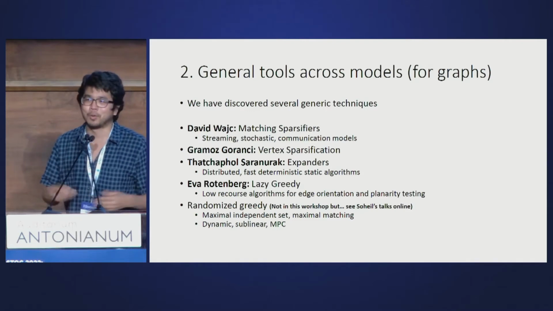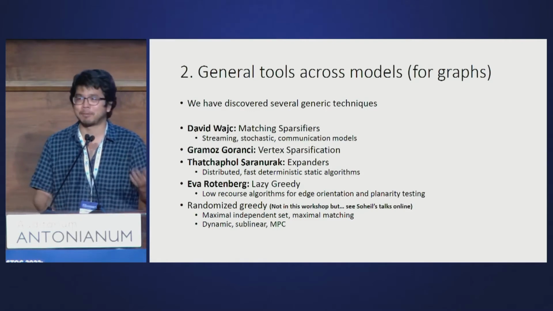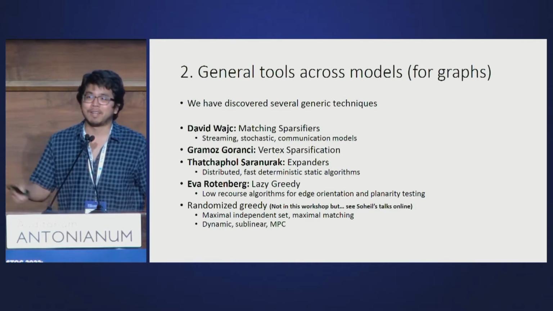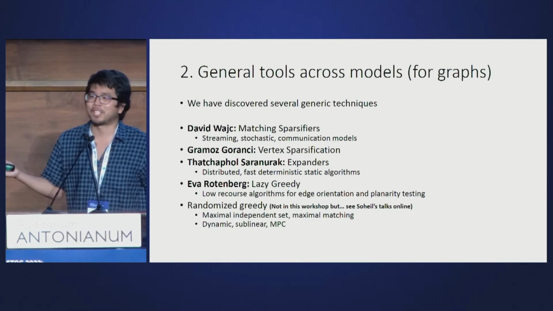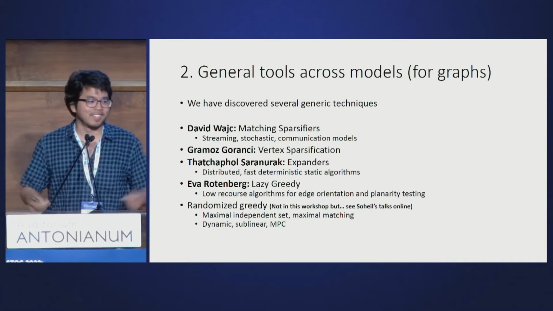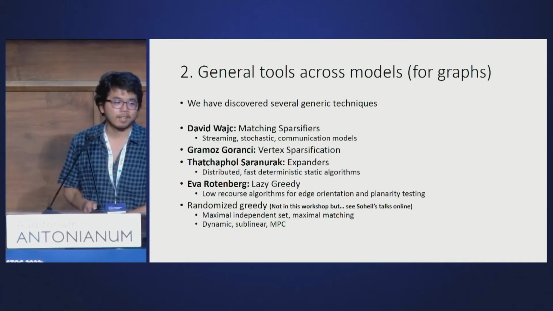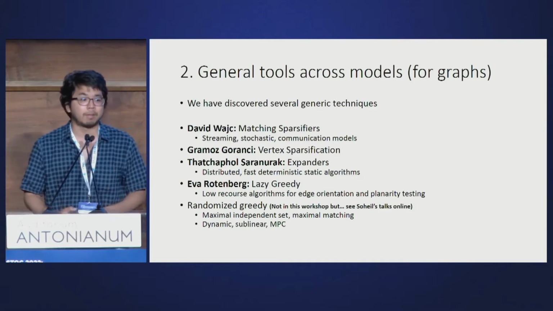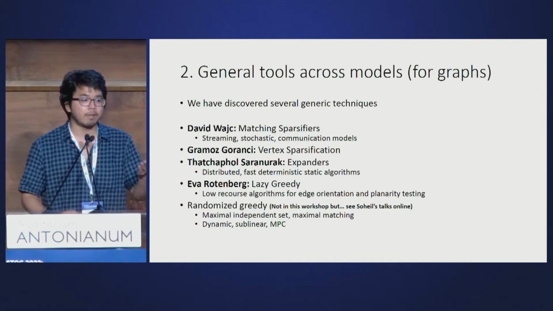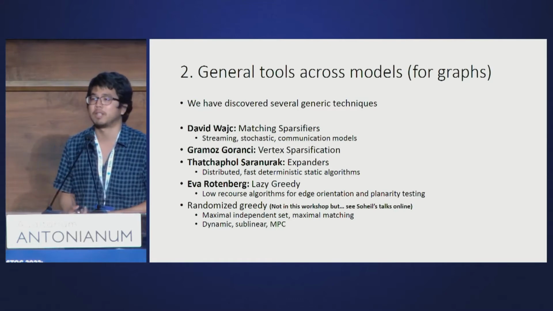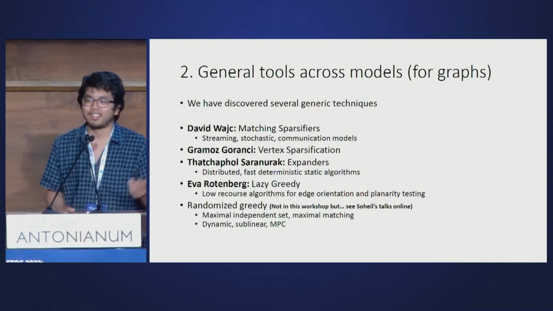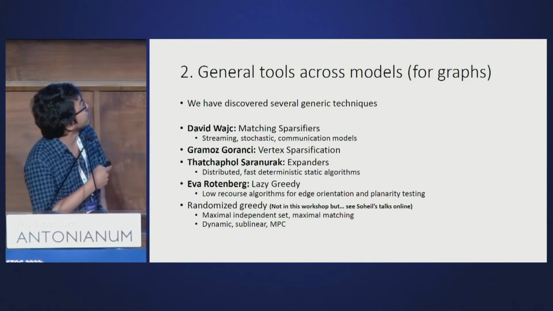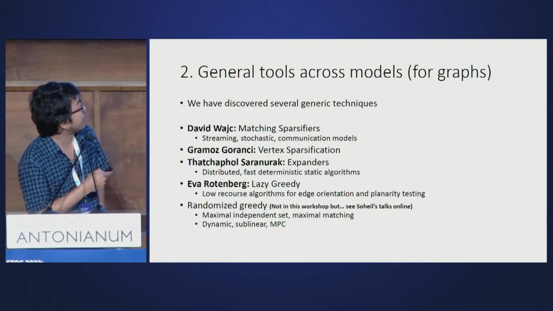What are the tools that allow us to use expanders in dynamic graphs, even if the graph itself might not be an expander? How can you exploit expanders anyway? And the techniques developed about expanders from dynamic algorithms actually turn out to be quite useful in other areas, like distributed graph algorithms and fast deterministic static algorithms too.